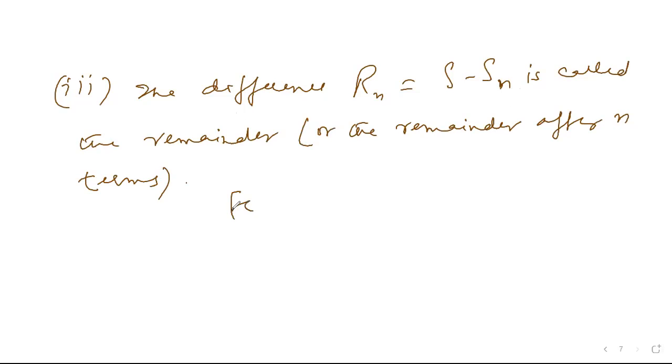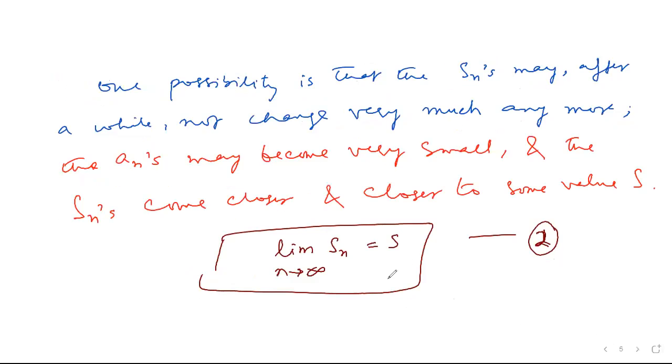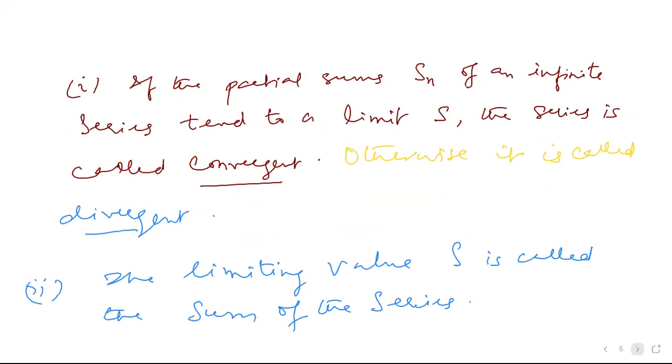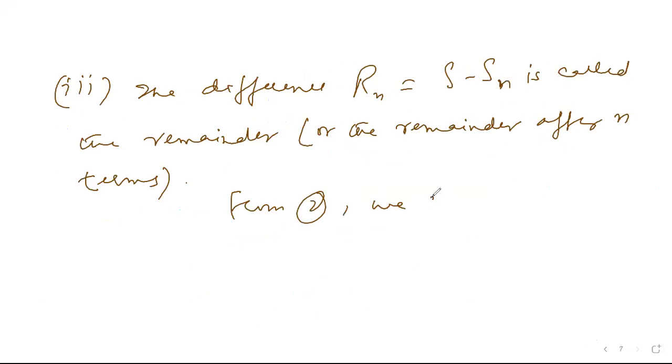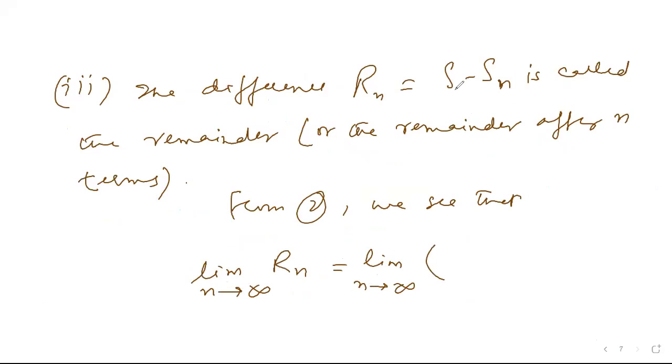Now from the second, that is this definition of the limit, we can see that limit n tending to infinity Rn is limit n tending to infinity of S minus Sn.